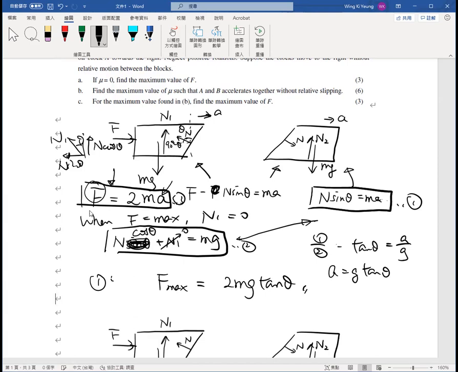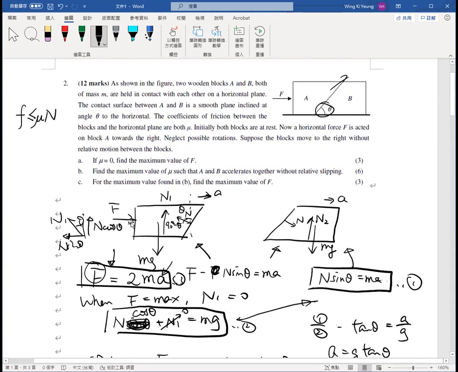So that's it for part A. The main trick is you need to understand the motion. You need to be able to think and know that when F exceeds the maximum value, A will slide over B.